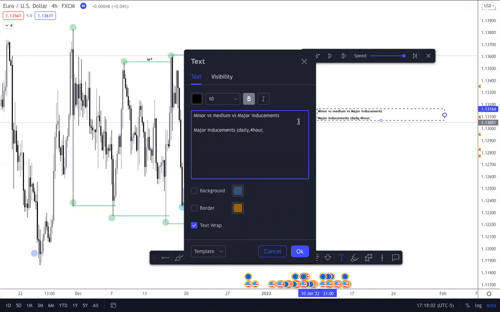I believe it is solely just the daily and the 4-hour time frames. The only time the hourly becomes major inducement is when it is the previous day lows or the previous day highs. Right? That is the only time I will ever see the hourly become major inducement. Now, what does major inducement do? Reversals. Right? Strictly reversals.